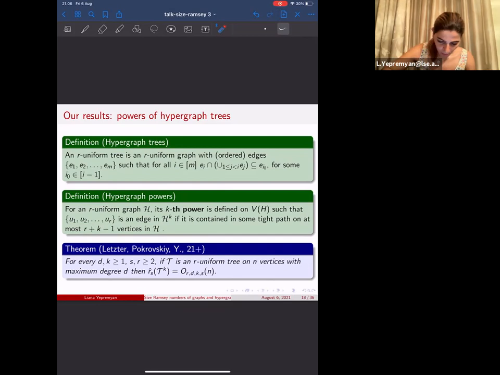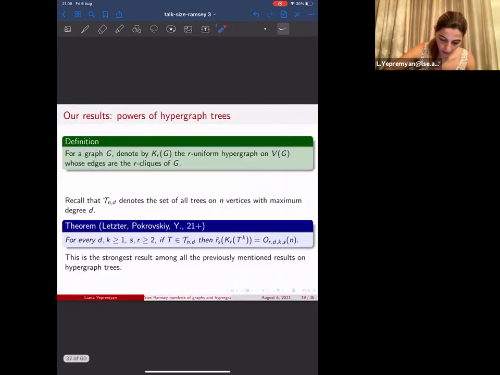Finally, all of these results that I mentioned, the build-up of powers of paths and powers of trees, actually come from a more general result.